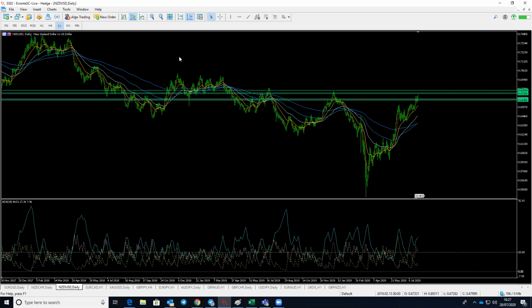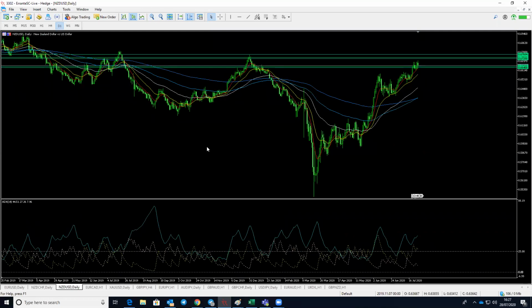So with NZD/USD, we want to move to the downside, but we don't want to pay too much attention to what has already happened. What has already happened is a lot of bullishness and movement, but the trend and the heat maps have signaled a downside.